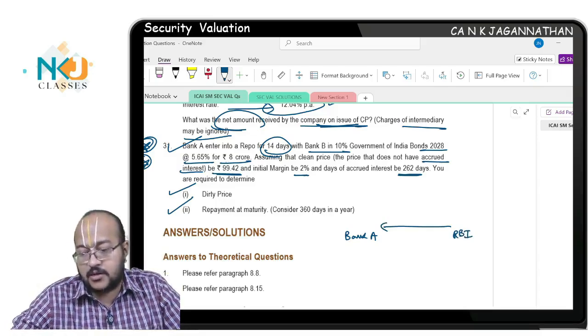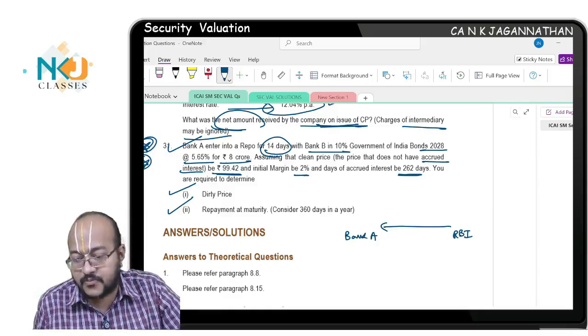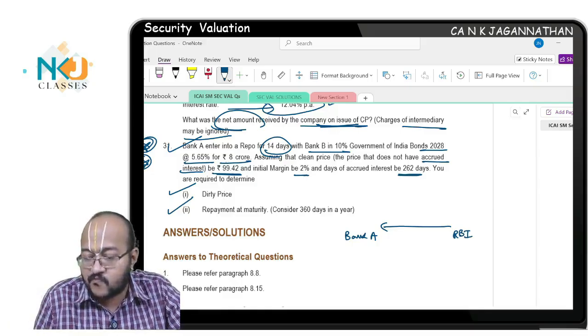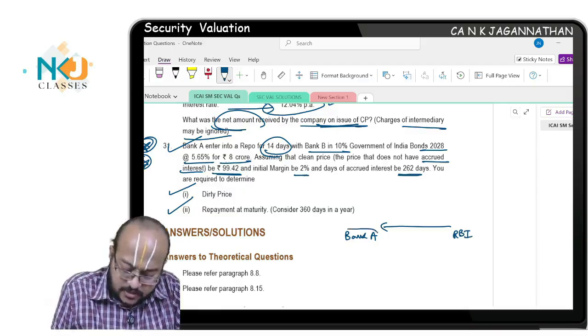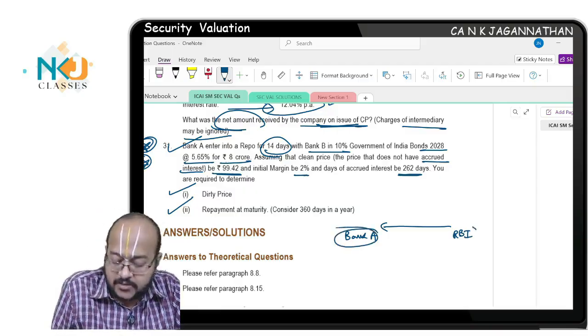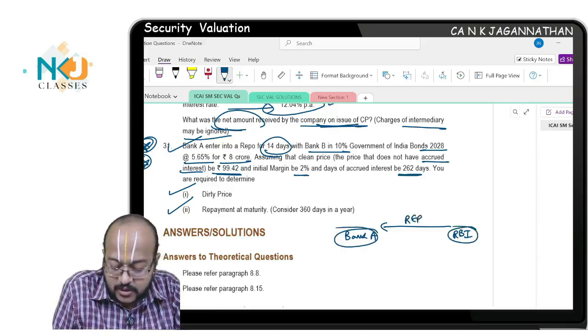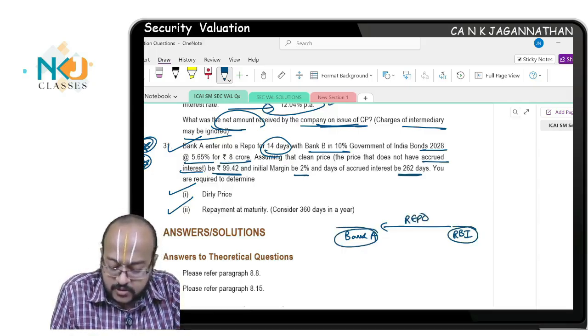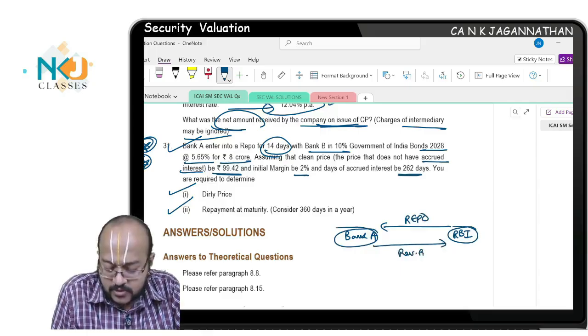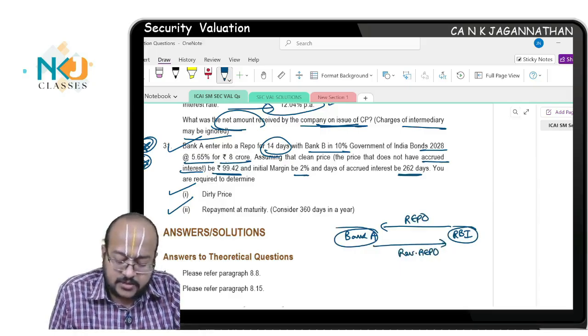Are you all understanding? And the rate at which the central bank borrows money from these commercial banks is called the reverse repo rate. Okay, these transactions happen.